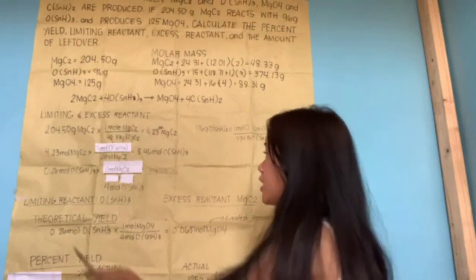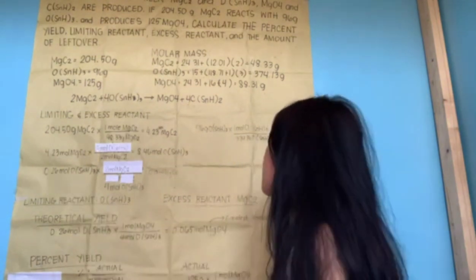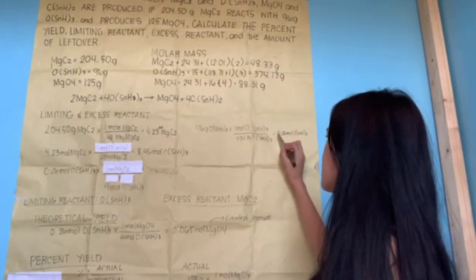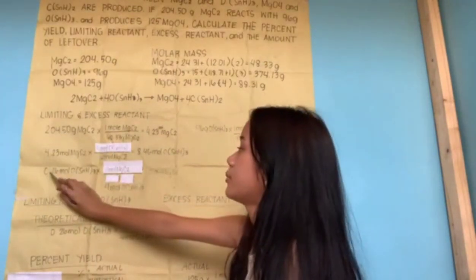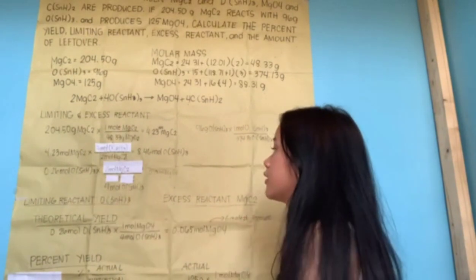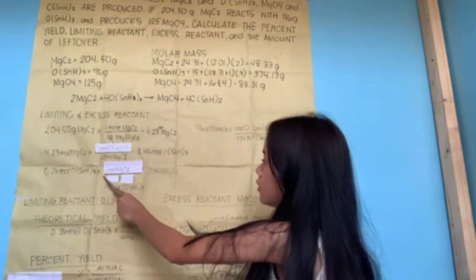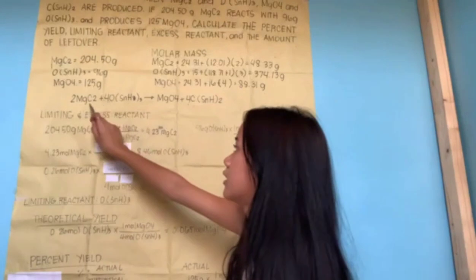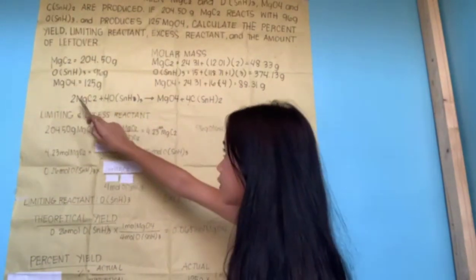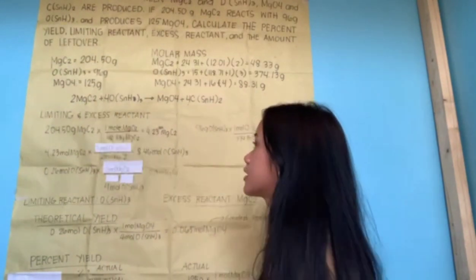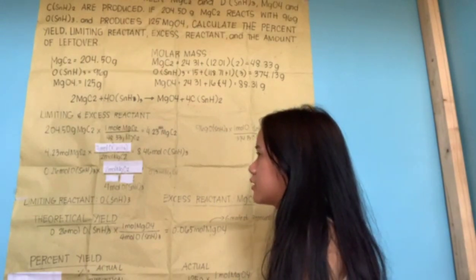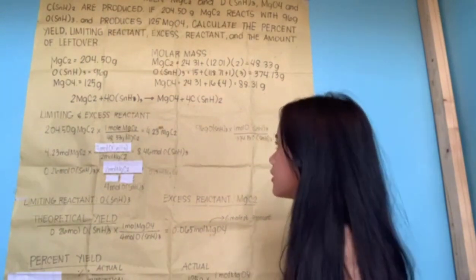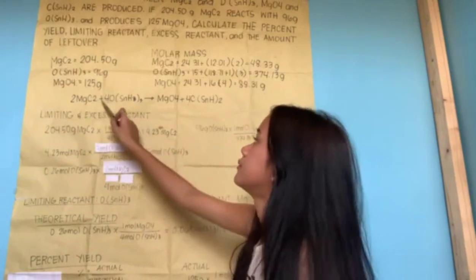The same as here, 0.26, we just copy this. 0.26 mole times 2 mole, which we get from above in the chemical equation.